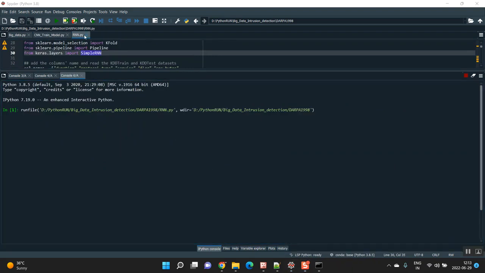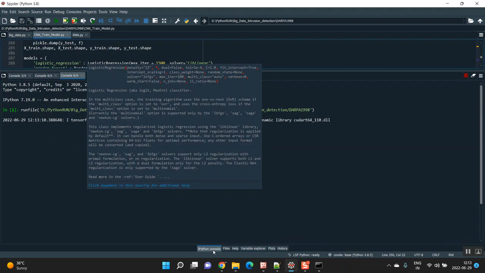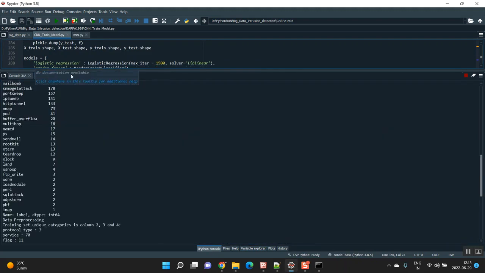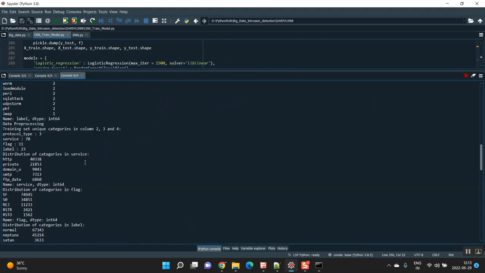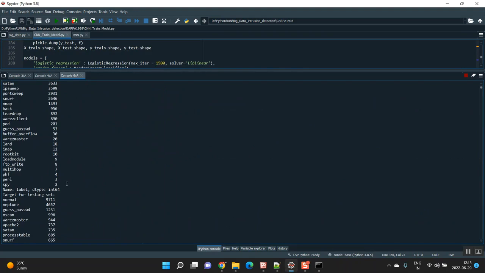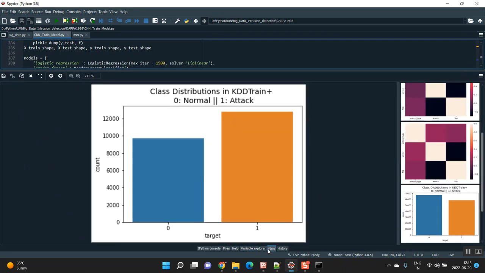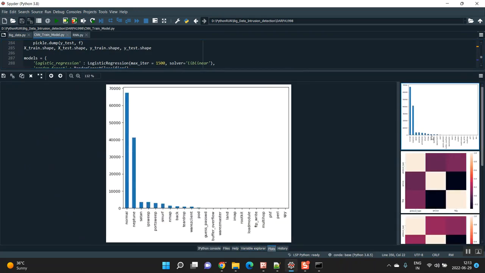Then I started the execution of RNN here. CNN is in process, it's executing. Right now I started the execution of RNN. It shows the data set values and everything, and provides the plots based on that.